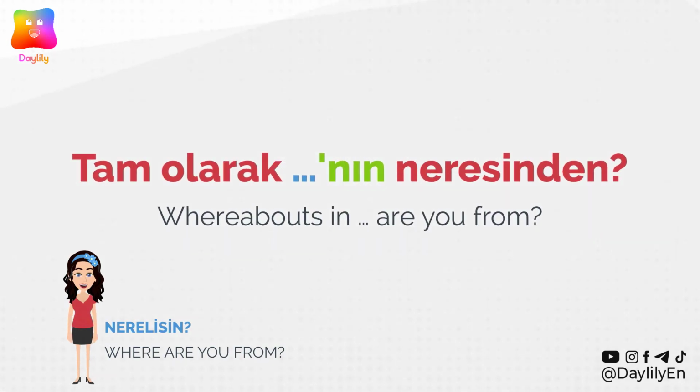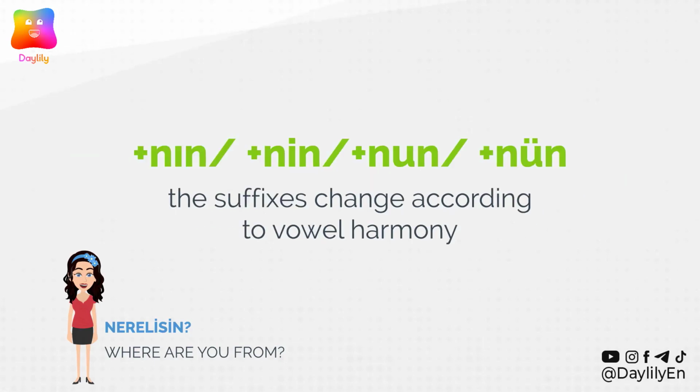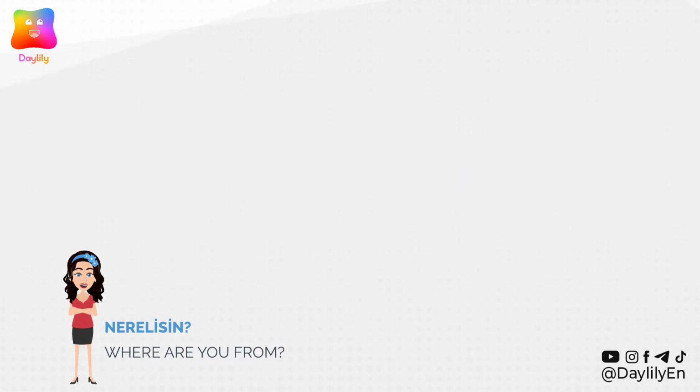Whereabouts in blank are you from? Tam olarak blank'ın neresinden? So nın, nin, nun, nün, the suffixes change according to vowel harmony. For example, whereabouts in Canada are you from?